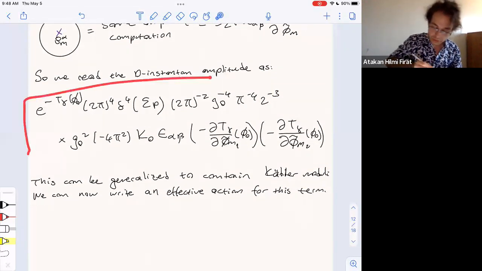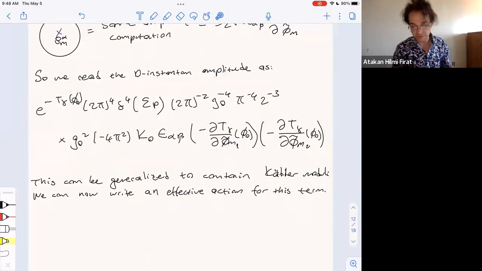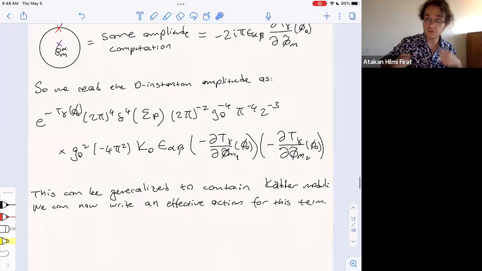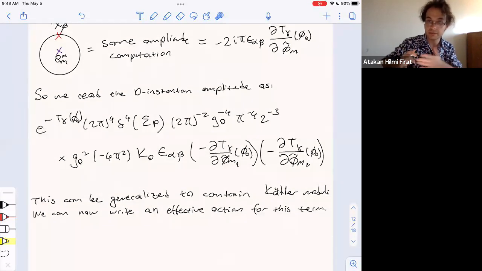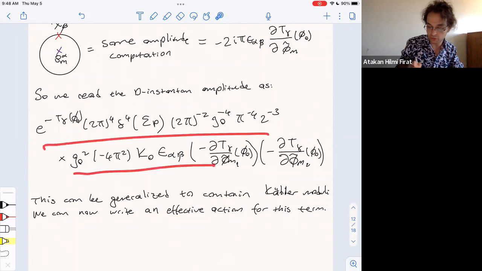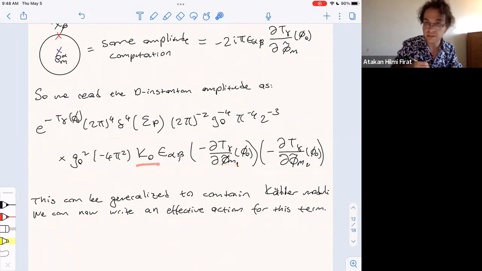And once you have this expression, you can write an effective action that generates this amplitude, right? So before I go and do this comparison with supergravity, are there any questions about this procedure? Because this is where string field theory's power comes in, fixing all of these numbers in this way.